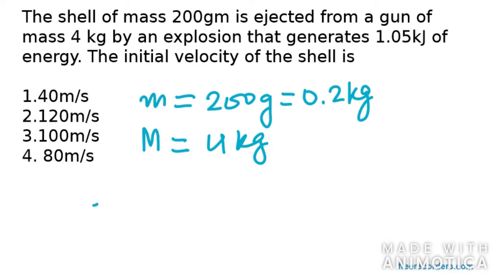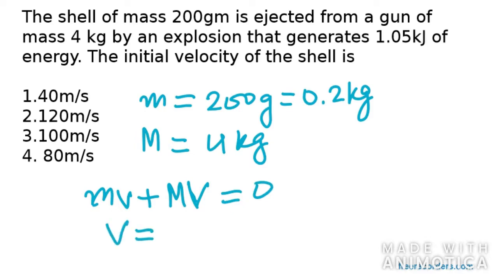So the formula for conservation of momentum is mv plus MV is equal to 0. So from this I can figure out that my bigger V, or the velocity of the gun, is given as minus mv over bigger M. As you can see, we have a negative sign here.